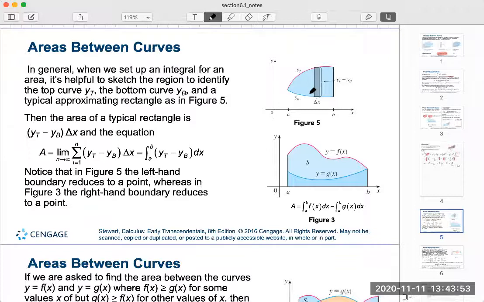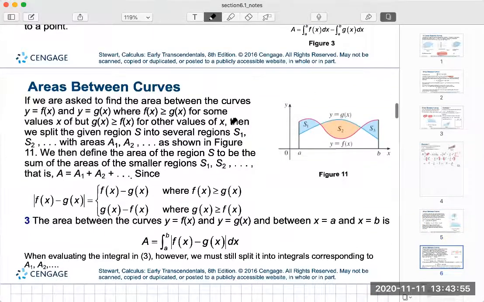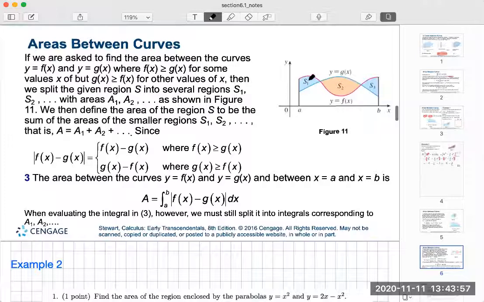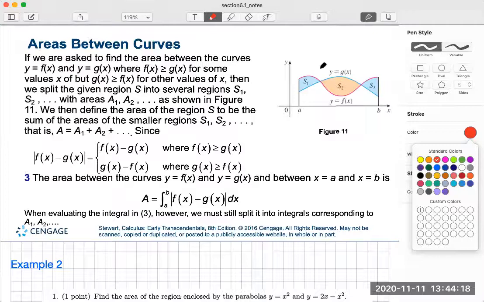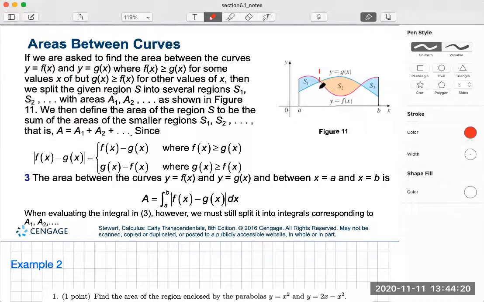Or in general, if you want to compute the area formed by two curves, F and G, where there are some intersections between these two lines, from A to B, then what we need to do is to compute the area from the lower limit to the first intersection.